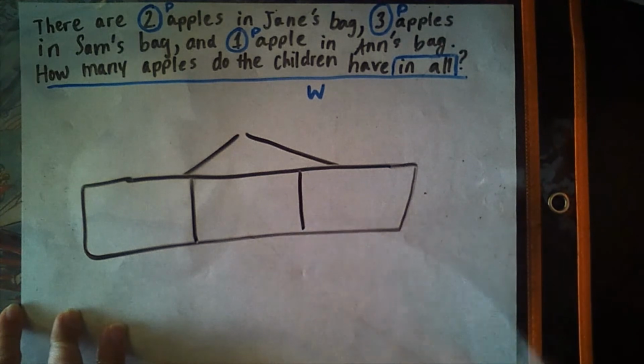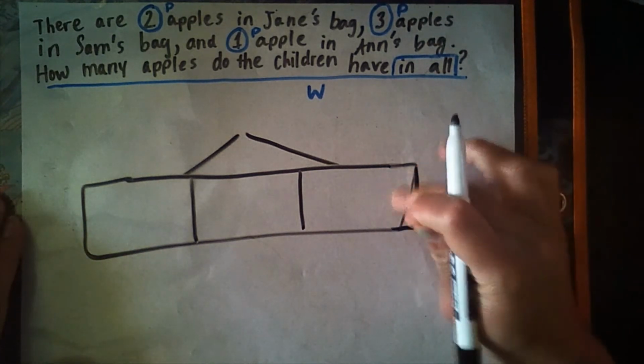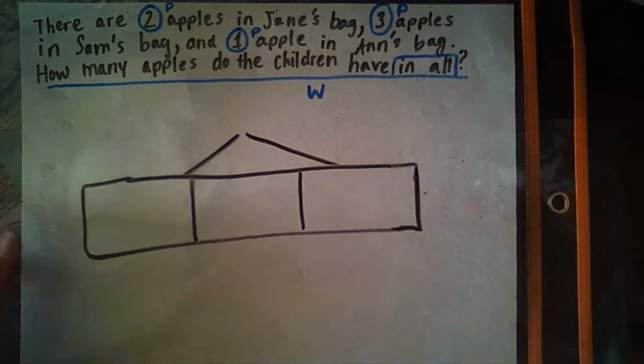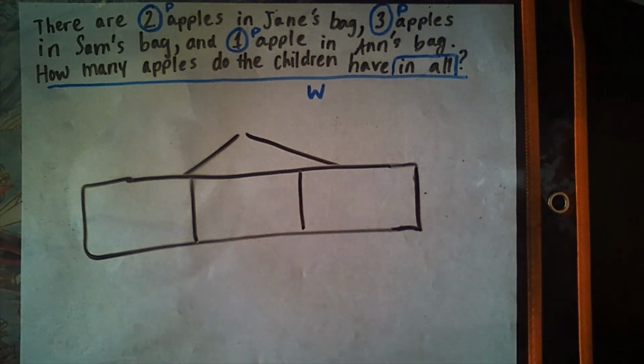And I'm going to draw it into 3 parts because we have 3 parts. We have Jane's bag, Sam's bag, and Anne's bag. So we know the parts. And we have a tape diagram. Let's go ahead and draw our dots in to show apples.